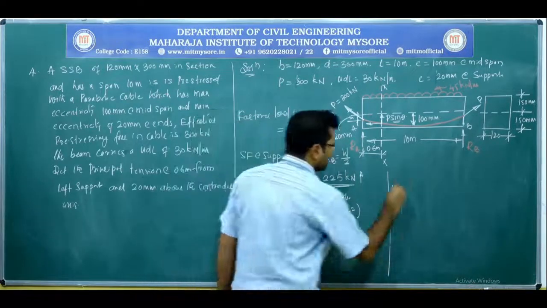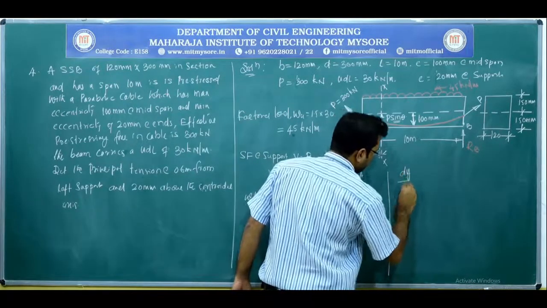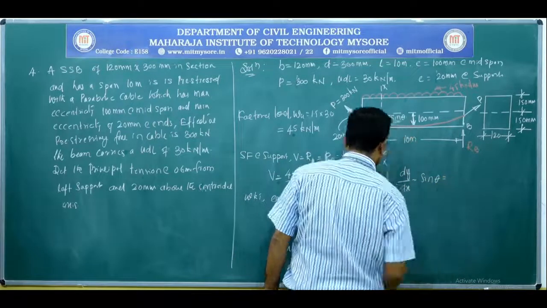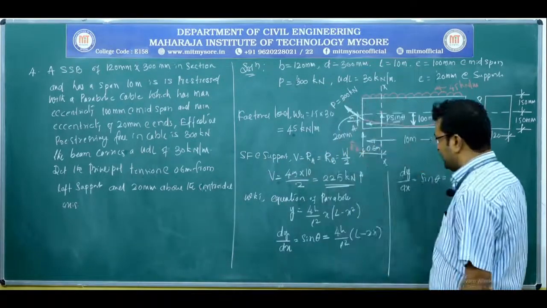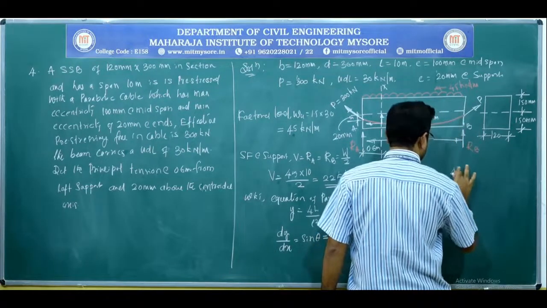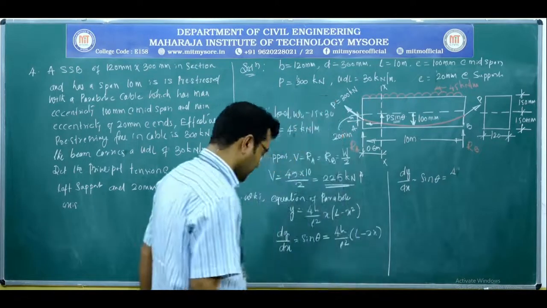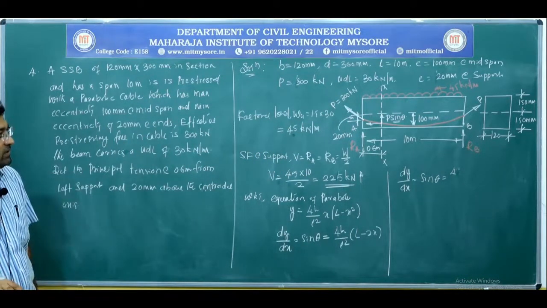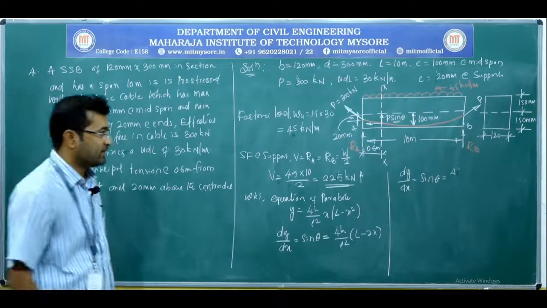Okay. Therefore, dy by dx is equal to sin theta is equal to, what is 4h? 4 into h. What is the height of the tip of the cable, or you can say the height of the cable with respect to ends.